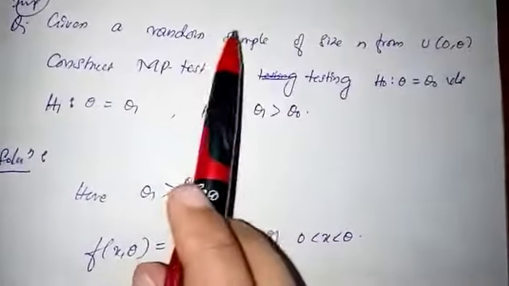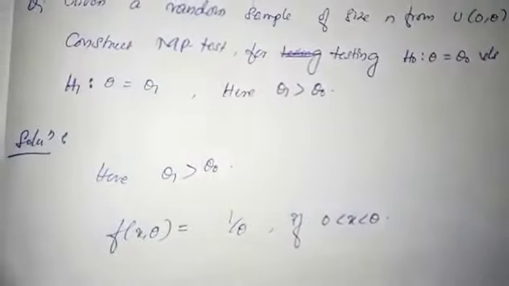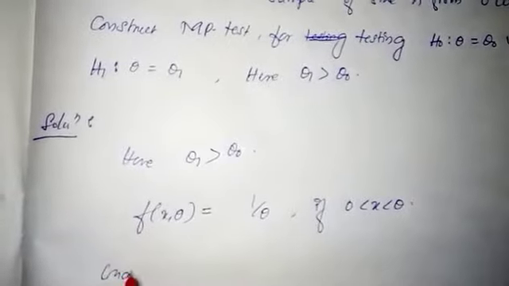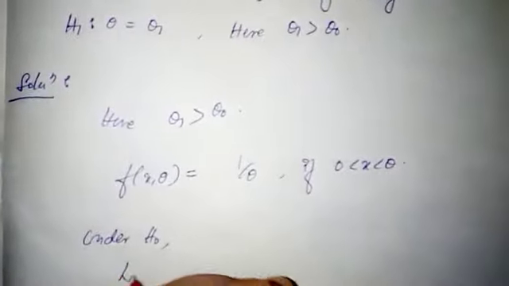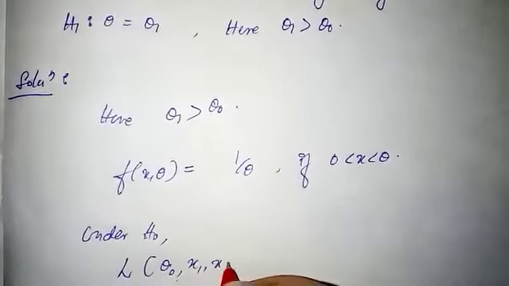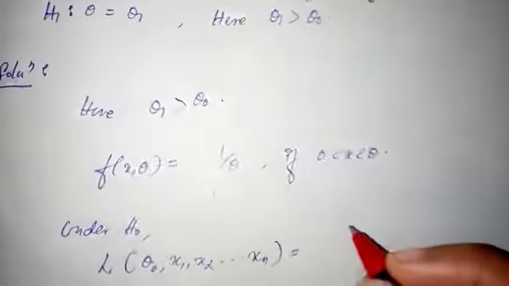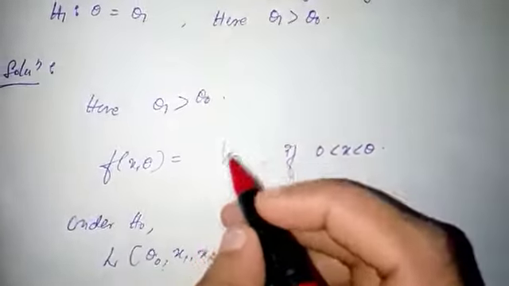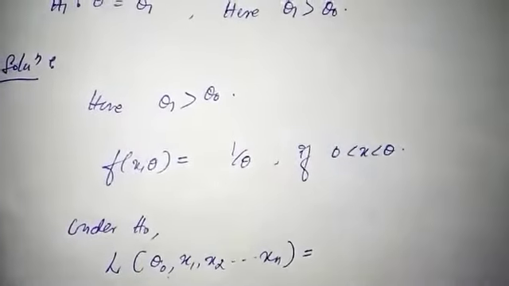But in this case, it is a sample of size n, right? So we have to take the likelihood. Then under H naught, the likelihood L theta naught of x1, x2, so on xn, equals the product of f of x, theta, that is the product of 1 by theta.